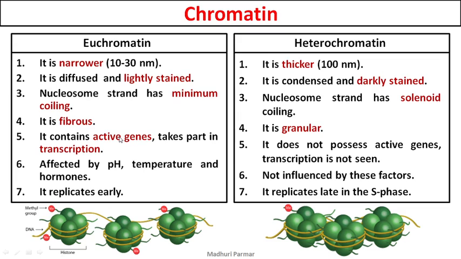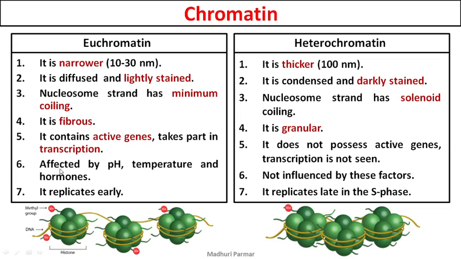Euchromatin has active genes because these DNA strands are a little open, they are not wound so much. All the genes are active, they can be easily transcribed, while heterochromatin is so tightly wound, so thick and dense that you do not see transcription activity in it.